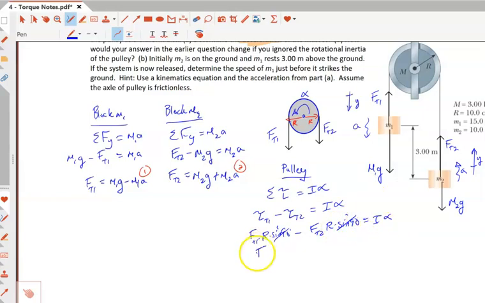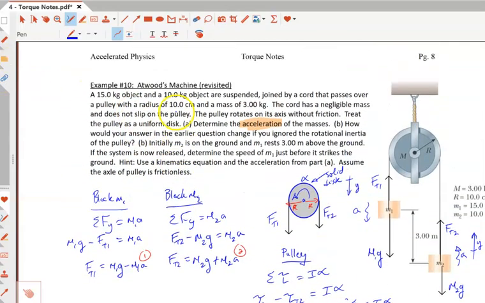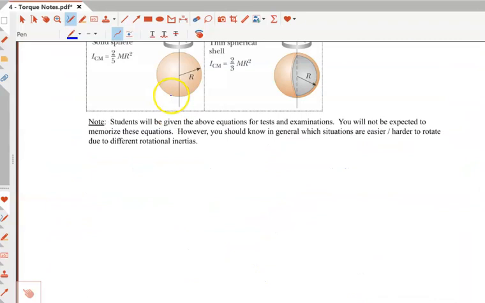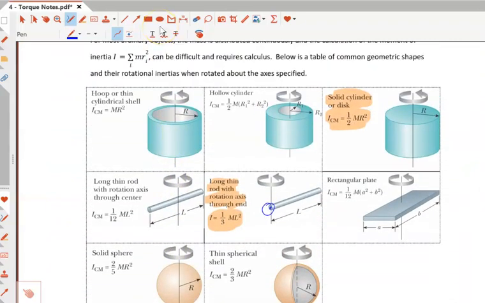So what we'll end up with is FT1R minus FT2R, and then we're going to make a replacement for I. What is I? We're going to assume that this is a solid disk. If you recall back in your notes, let me scroll up here, we can see that a disk has a rotational inertia of half MR squared.